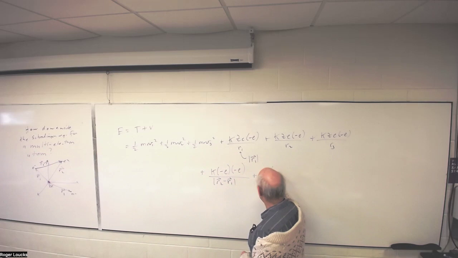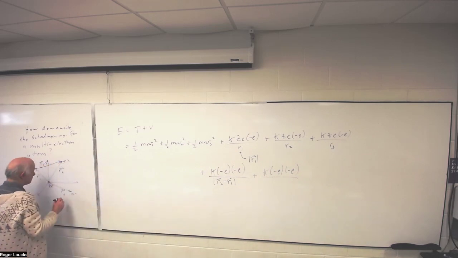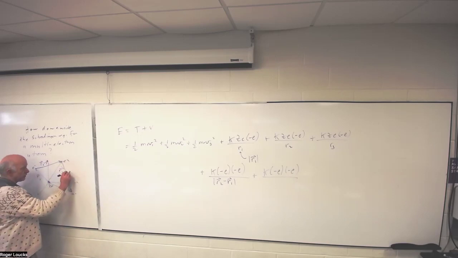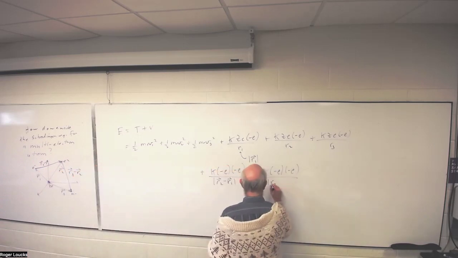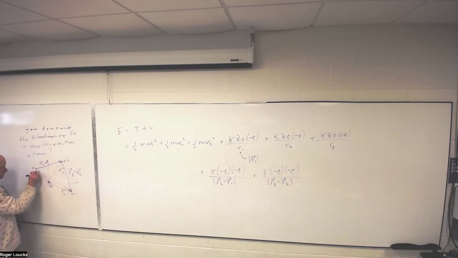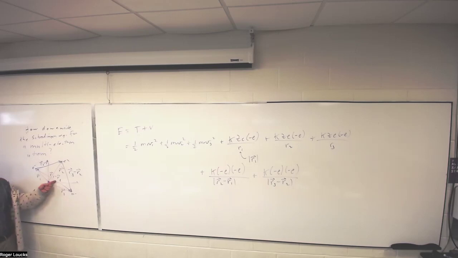Plus k minus e minus e over the magnitude of R3 minus R2. And the last one, that's R1 minus R3.